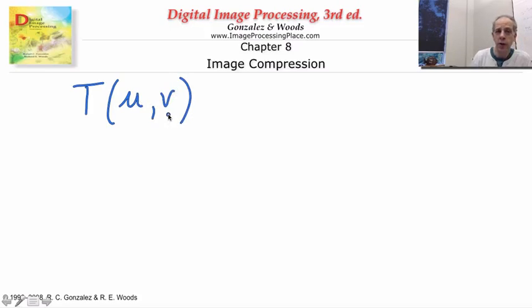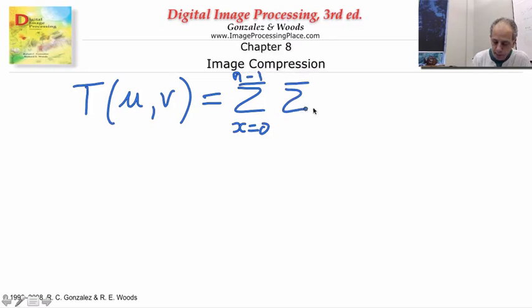Okay? And those of you that are familiar with Fourier, it is one of the transforms. So we're going to sum over all the pixels in our image. Remember, we basically have n. So we're going to go from 0 to n minus 1, and from 0 to n minus 1.